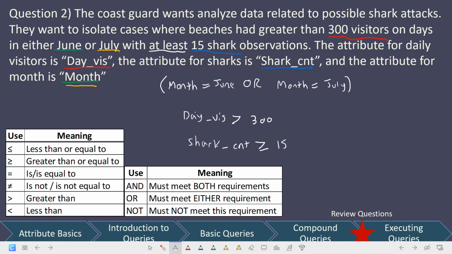Now, what we're looking for are days that meet the month criteria and have this many visitors and have this many sharks. Because it has to meet either June or July, but then it has to have 300 visitors and sharks. So it's either one of these, but then all of those.